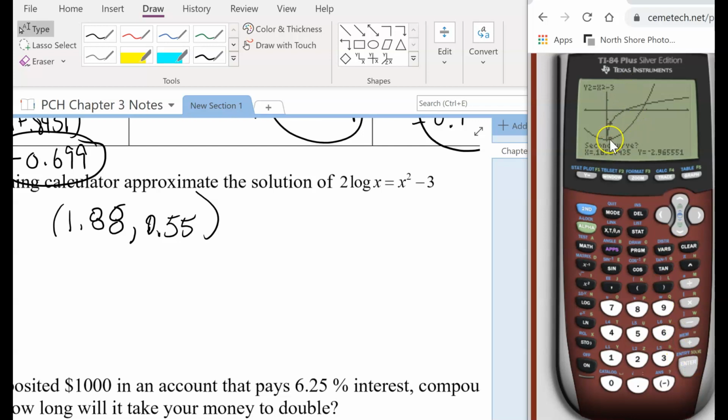Now it moves us over to Y2, so we'll hit enter again. Again, you can scroll a little closer to that intersection if you want for your guess, and hit enter. And there's our second intersection point, 0.0316 or 0.032, and negative, looks like about -3.